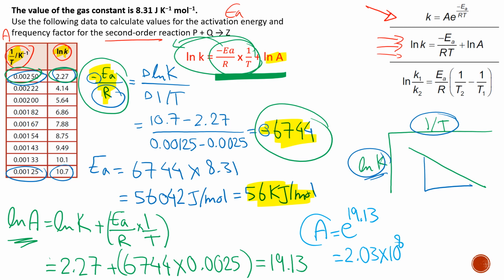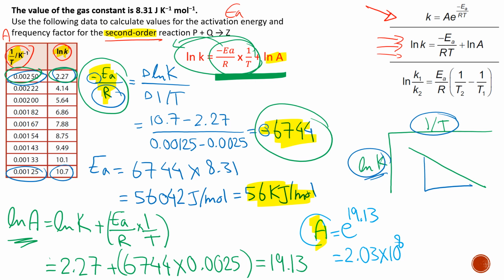Now let's move to the interesting part, which is: what is the unit for A? Didn't we say a while ago that A has the unit of the rate constant? We can see that this reaction is a second order reaction.